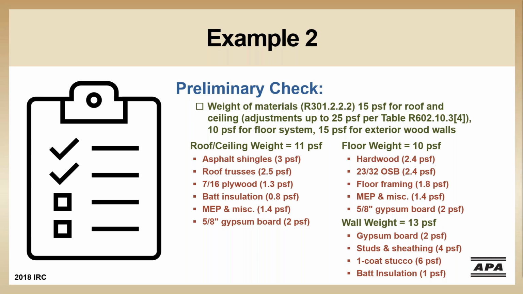This assembly is sitting right around the limit of 10 pounds per square foot. Being in California, our exterior walls are mostly covered in stucco, so our wall weight is going to be a bit heavier. So it's still just barely going to make it under the 15 pounds per square foot limit. So we're going to check off this item.